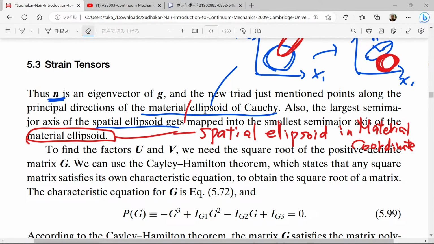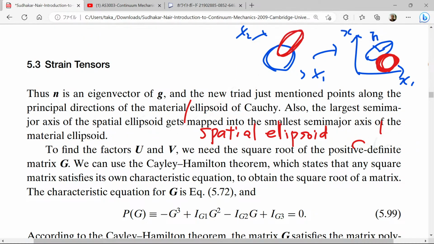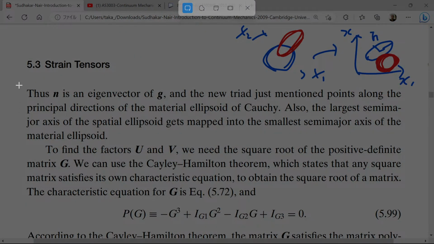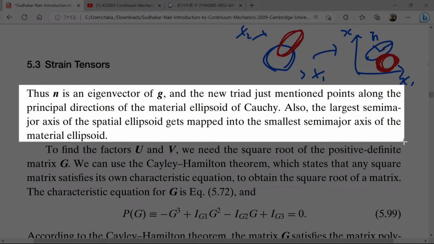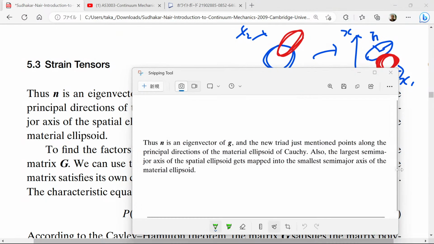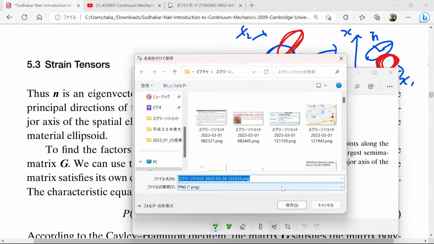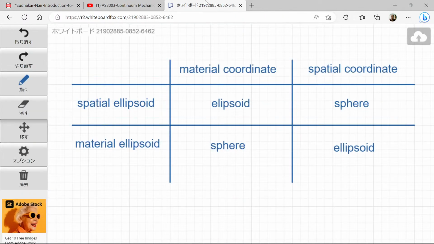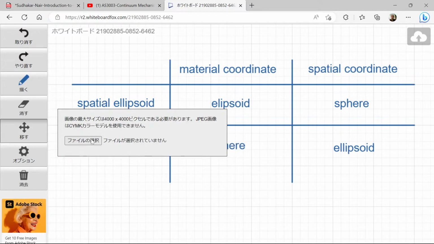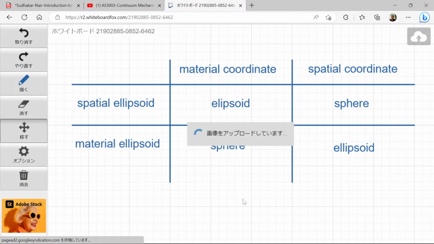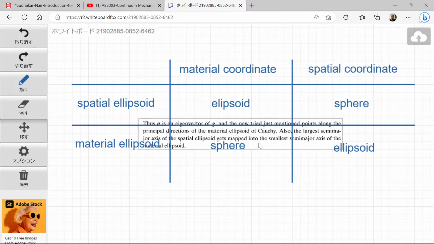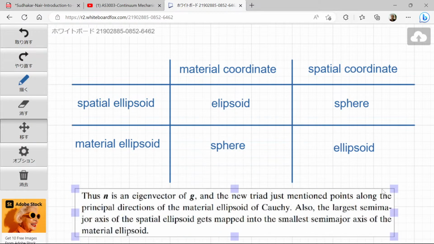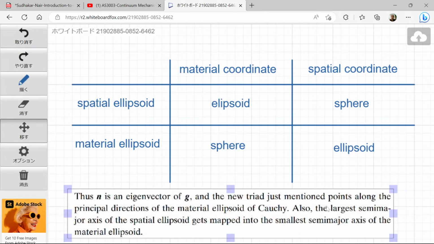Let me delete this. Material ellipsoid of Cauchy.